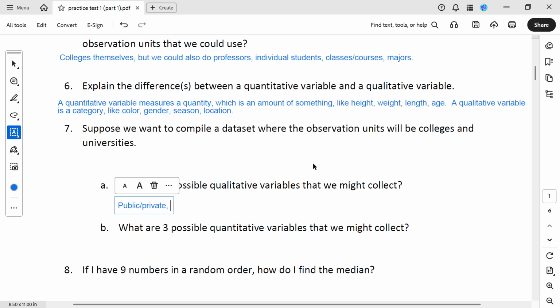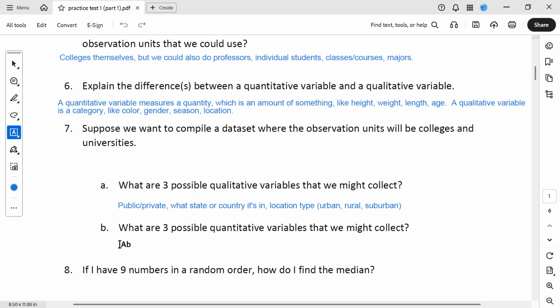We could do something like what state they're in, state or country they're in. Let's see, what else could we do? We could do the location type, like urban, rural, suburban. And you guys can probably think of some other things. Those are just the ones I thought of.